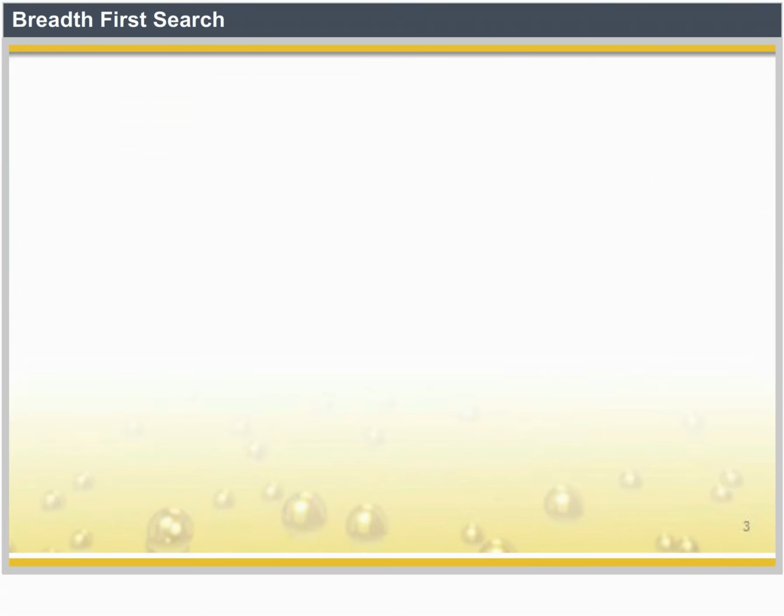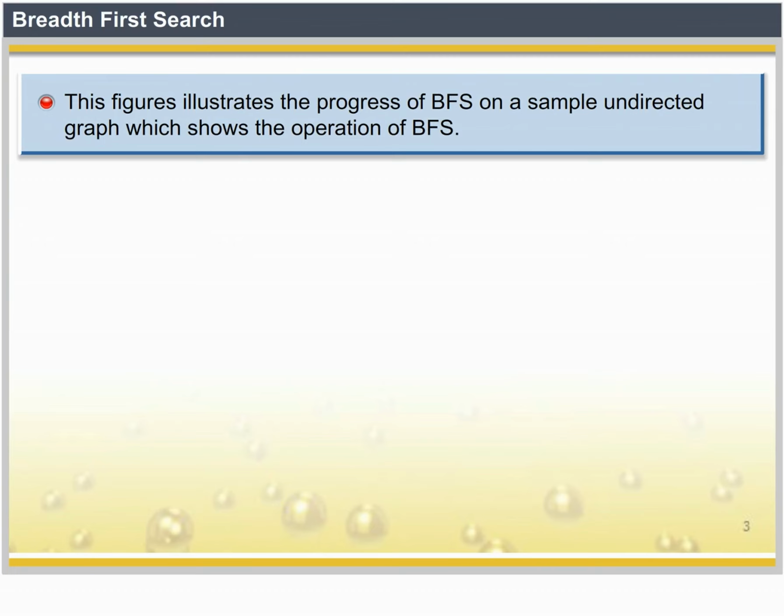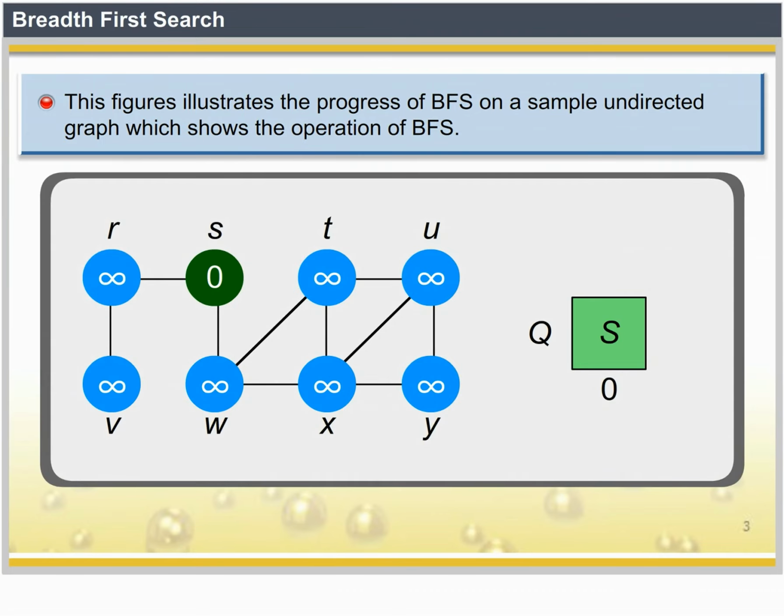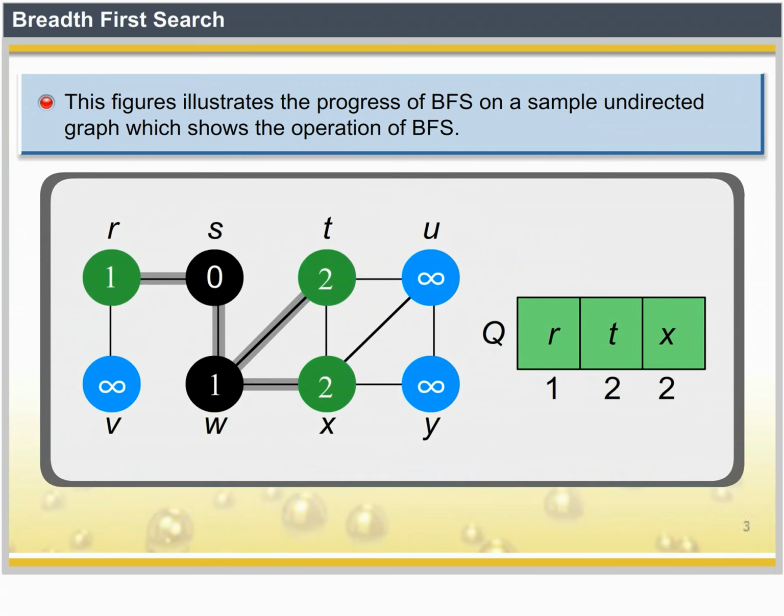This figure illustrates the progress of BFS on a sample undirected graph, which shows the operation of BFS. Q contains s. Here the queue Q contains w and r. In this figure, the queue contains r, t, x. Then it contains t, x, v.